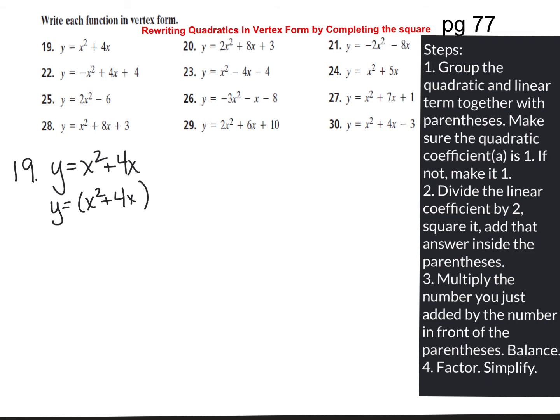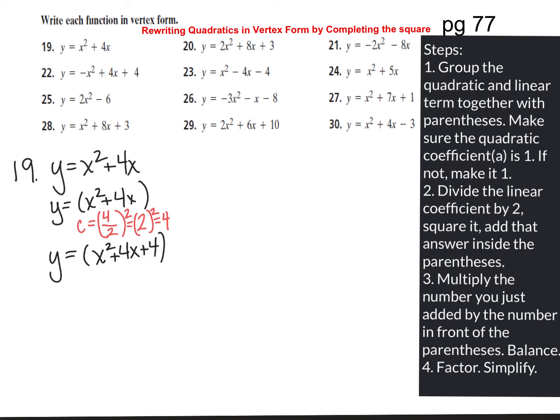So the next thing that we did was create a constant, or a c value, by taking the linear coefficient, or the b value, and dividing it by 2. That answer is 2. Square 2, get 4, and we added 4 inside the parentheses next. So y will equal x squared plus 4x plus 4.